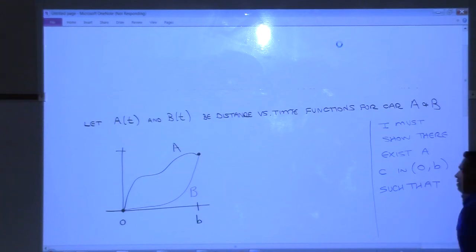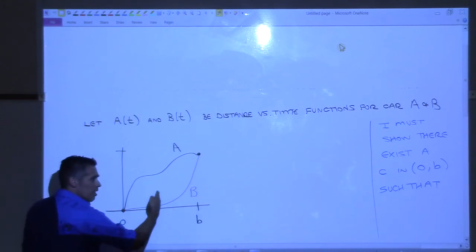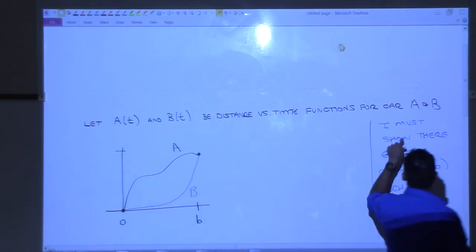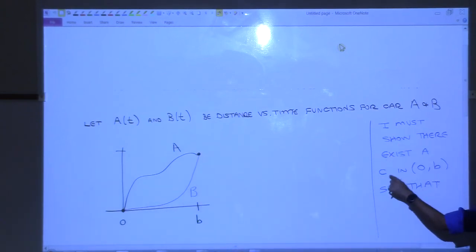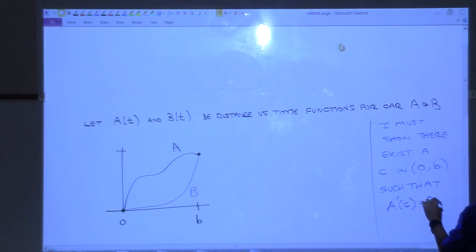What am I trying to convince you of? I have to show you that there's some point in time, somewhere in here, where they're both going the same speed, right? Which means the tangents, the derivatives of these functions, have to be equal. So I must be able to show you that there exists some C in this interval such that the derivative of the A function must be equal to the derivative of the B function at that point.